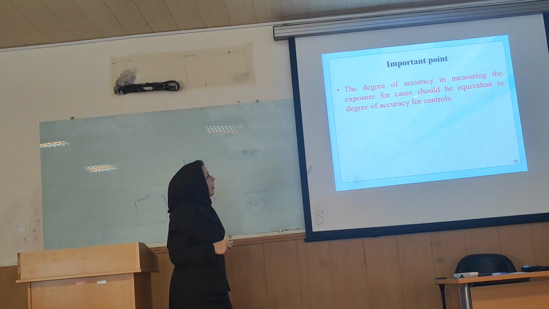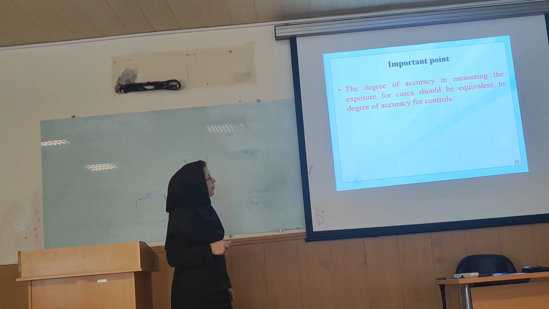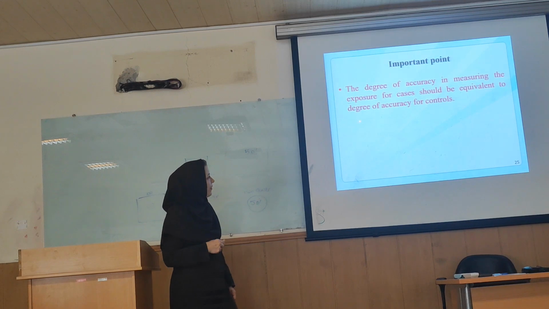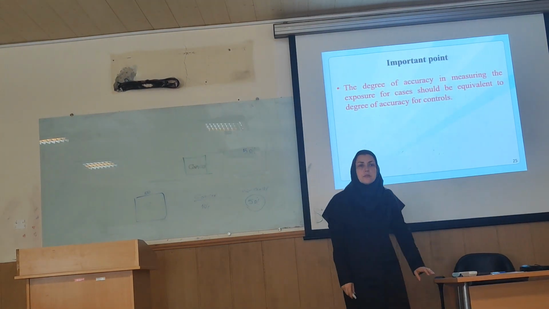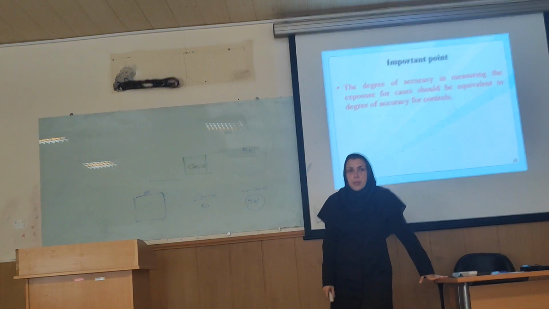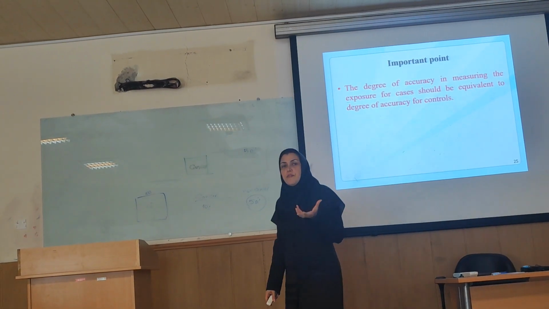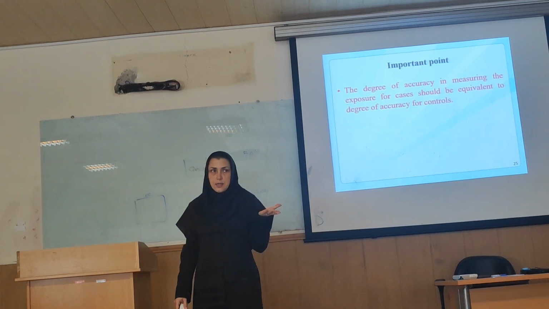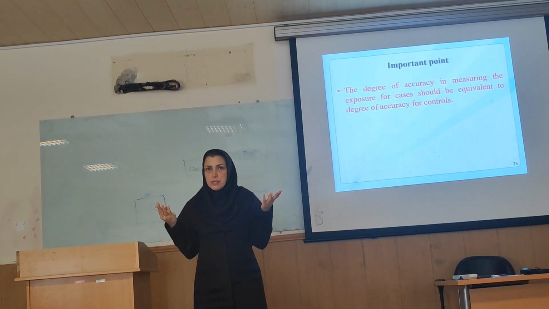The degree of accuracy in measuring the exposure for cases should be equivalent to the degree of accuracy for controls. What do I mean? What was the logic of a case control study? What was the way of finding the result?